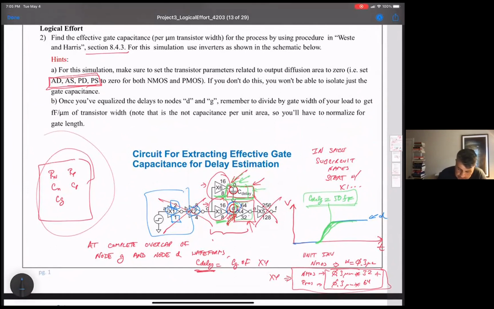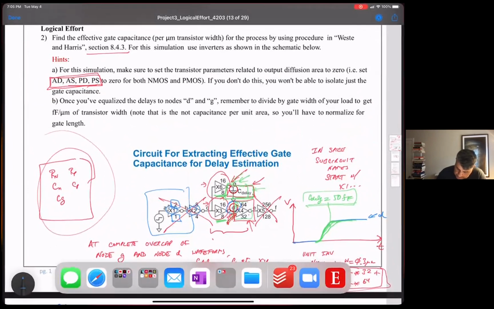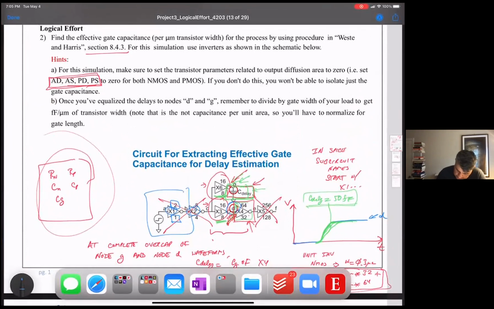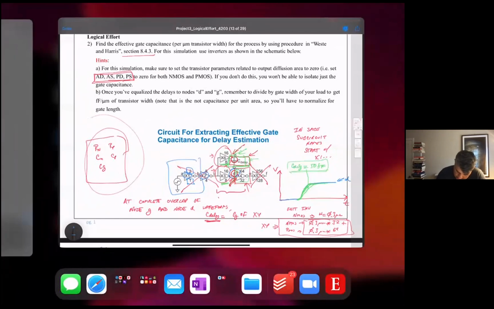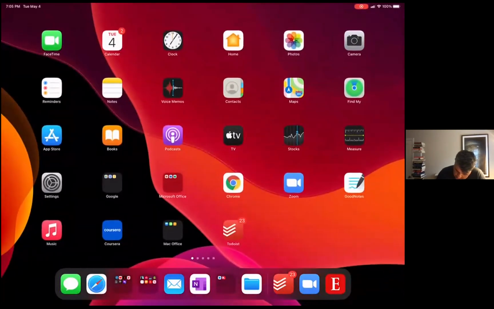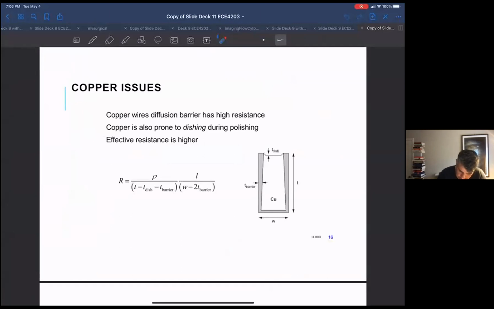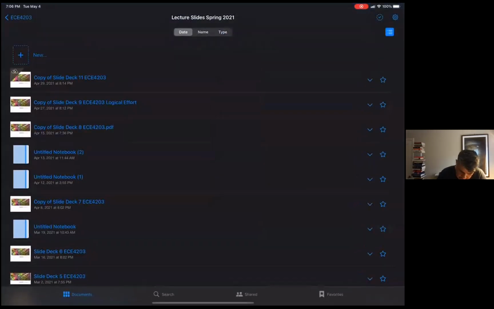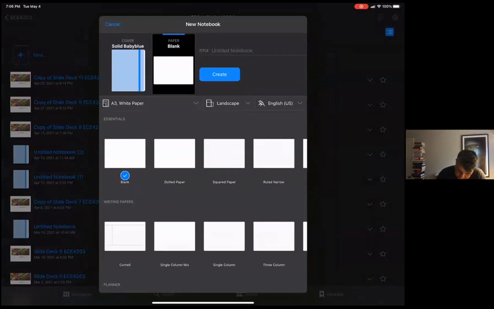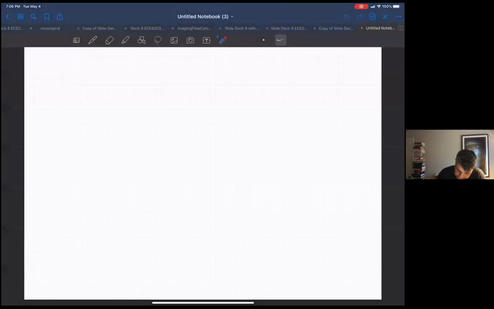Let me pop open a new one. Squared, let's do squared.